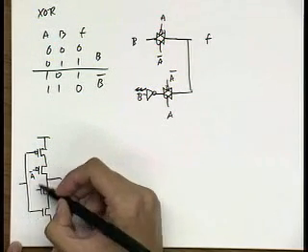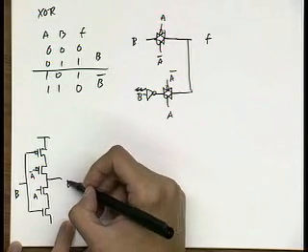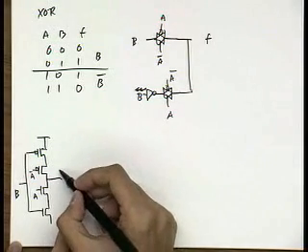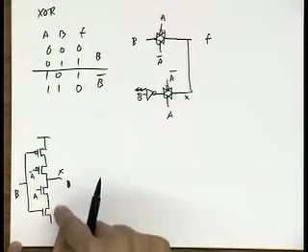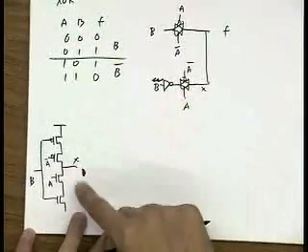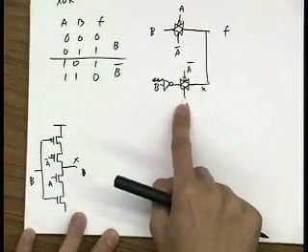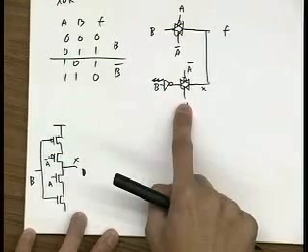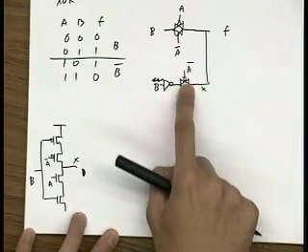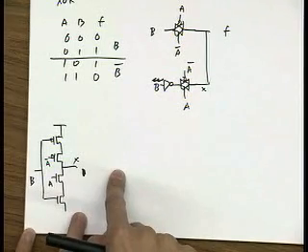So this would be A bar, A, B. Well, this node X is the output here. So this and this will be pretty much equivalent, right? I'm turning off the output of the inverter when A is not on, when A is 0. When A is 1, then I pass the inverted value of B.